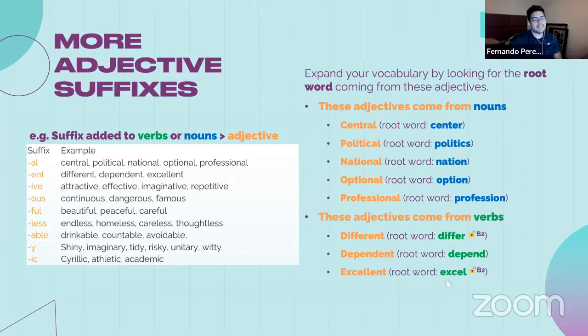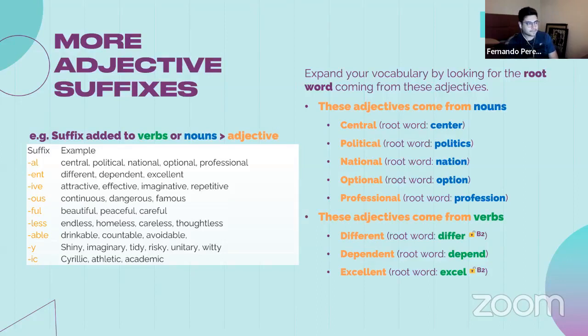And that's the derivative from the word excellent, which is a word that is very similar to Spanish. And the word different, which is also very similar to Spanish. So interesting is to see that they come from a verb. They actually come from a verb that we were not very familiar with. This is a very important set of words you need to learn.